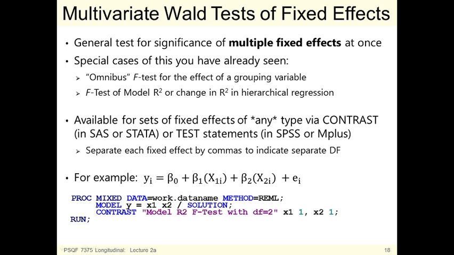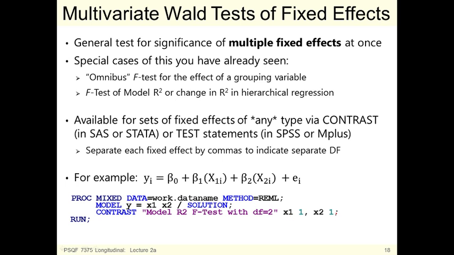The CONTRAST statement is the new part that I wanted to show you here, how to ask for a joint test of X1 and X2. So in CONTRAST, you have to give it a label, which is nice because that's your trail of breadcrumbs to keep track of what you're doing. So this is a 2-degree of freedom F-test, and you list the parameters that you want to test.